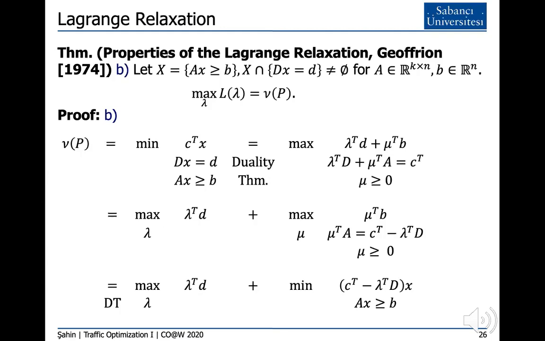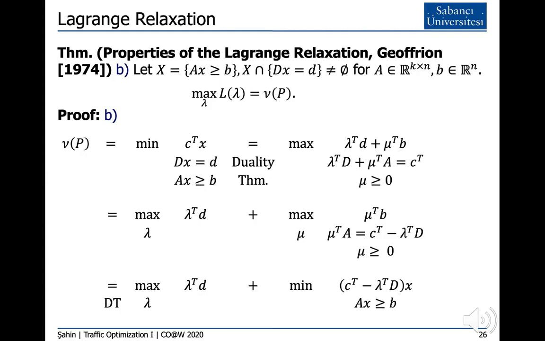Let's next look at the LP case. What happens if we apply Lagrange relaxation to linear constraints? This question can be answered by applying the duality theorem of linear programming 2 times. We start with the original LP. We dualize and maximize over dual multipliers lambda for the complicating constraints Dx = d, and mu for the constraints x = b.